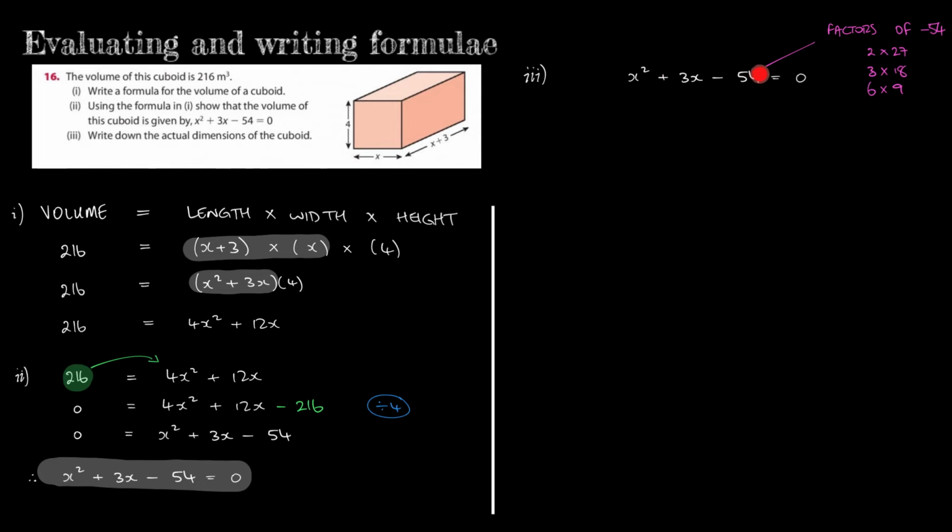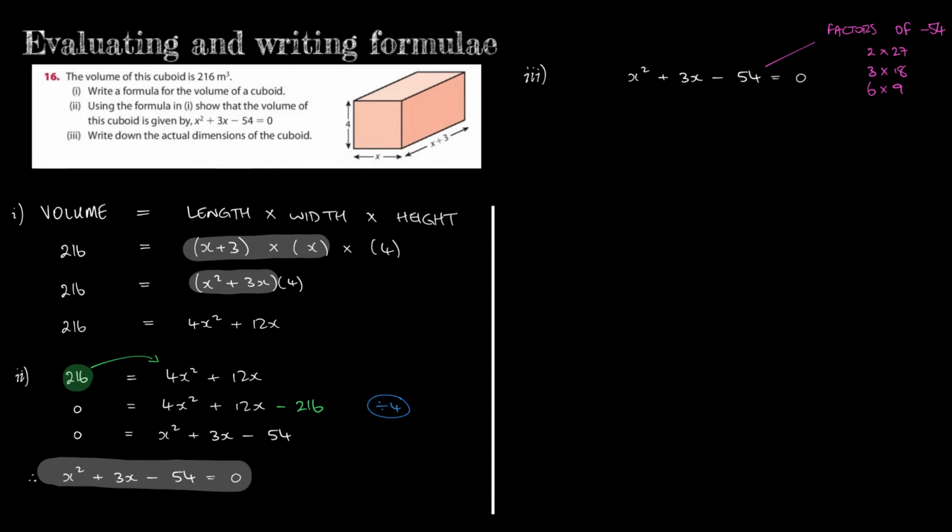But all we do is we take the last term and we list the factors out. So 2 times 27, 3 times 18, and 6 times 9. We look at those factors and see which one of them will add to make plus 3. Okay. Now, keep in mind this is a negative 54, so that means that one of these factors will be positive and one of them will be negative.